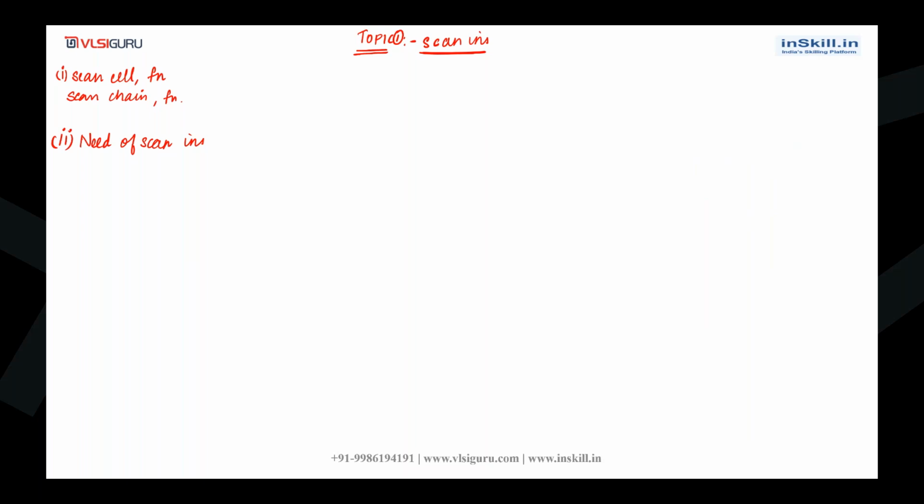So what is scan insertion? Scan insertion means a normal flop has to be converted to a scan flop. If a normal flop has to be converted to a scan flop, then it has to pass certain rules.